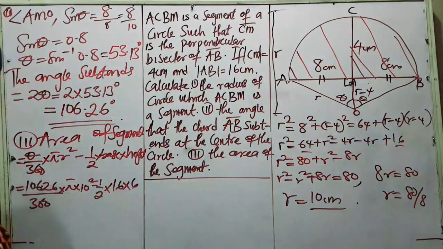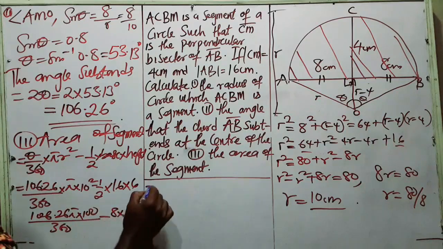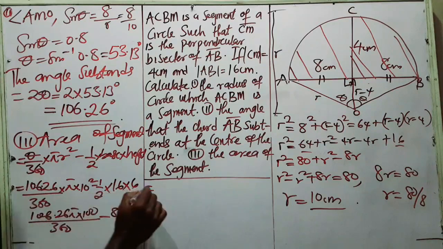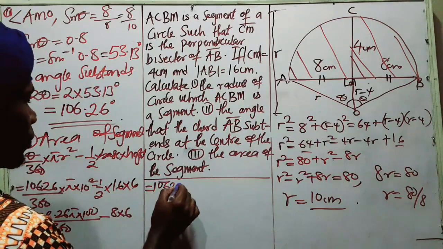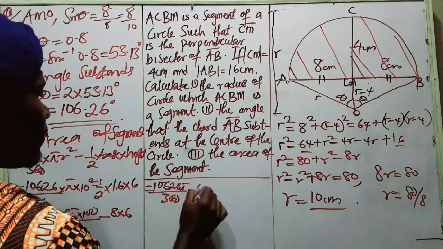So we have 106.26 pi times 100 over 360 minus 8 times 6, which is 106.26 pi over 360 times 100, minus 48.